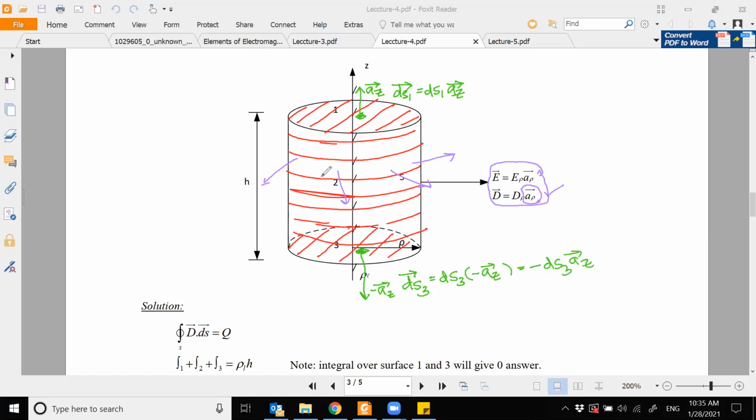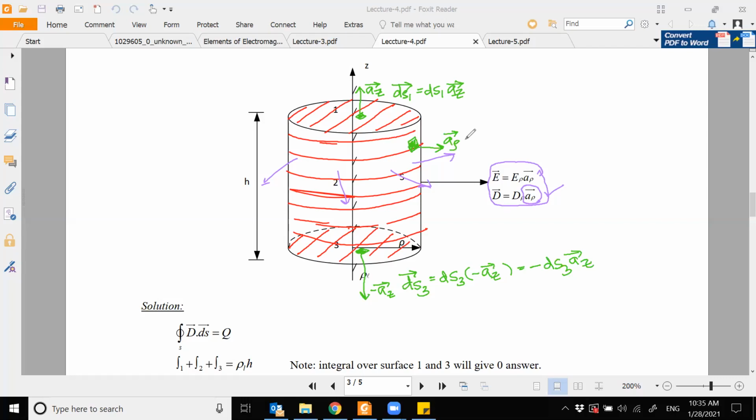And for the second surface, this is the side of a cylinder, right? If I find a small elemental surface for the side of a cylinder, the unit normal will be coming out like this, and this unit normal is nothing but a rho.